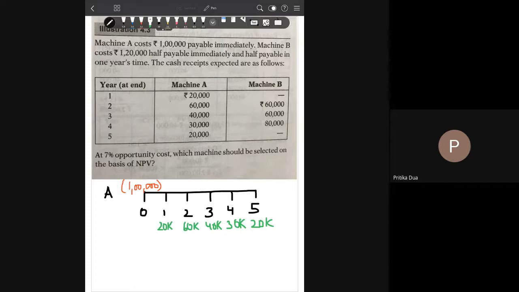However, it is machine B which shows you a different stream of cash flows. So here half means 60,000 is payable at 0 point of time, and then you have another cash flow of 60,000 at the end of year 1.